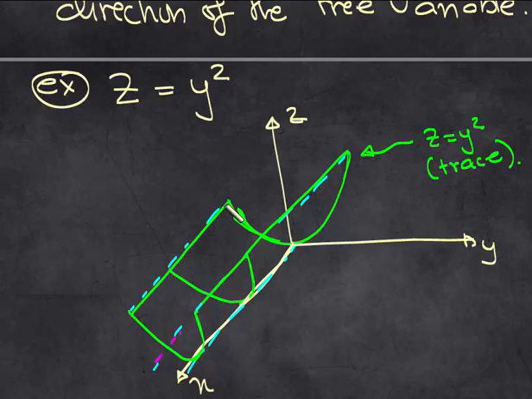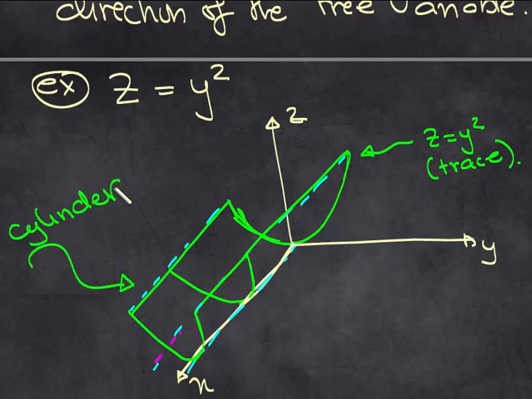Everybody understand that? It's going to be a sheet folded in a U-shaped form, just like a gutter. And that's what it's going to look like. So that's a cylinder now. We call this a cylinder.